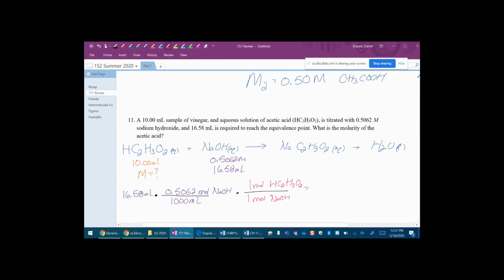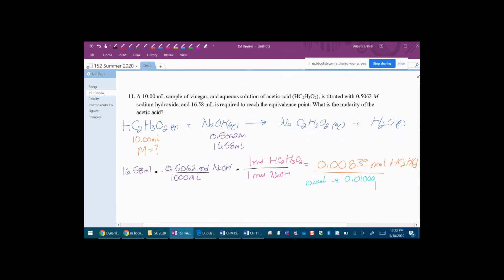So 658 times 0.5062. What do I get? I get 0.00839. And I have to divide that by our 10 milliliters, which is 0.01000 liters. So it looks like 8.829.